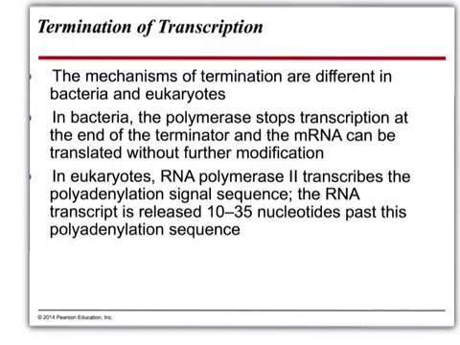In bacteria, termination occurs based upon the sequence, and that's it. In eukaryotes, you end up with this termination sequence, and then it keeps going a little bit, for about 10 to 35 nucleotides. So there's a slight extension beyond the terminator sequence.